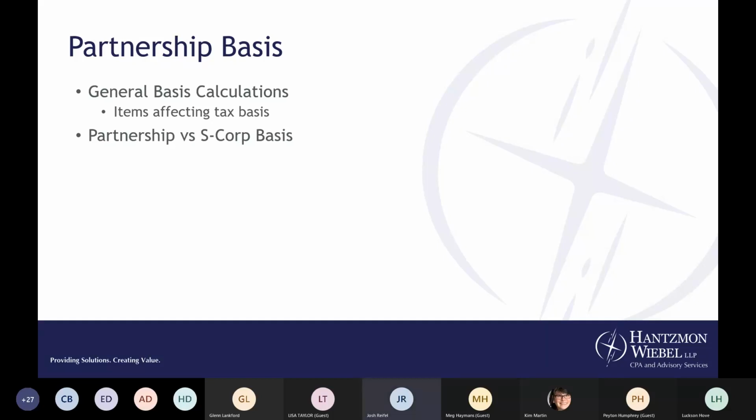Another difference between partnerships and S-corps is that in an S-corp, you can have multiple interests. Say you purchase 10 shares of an S-corp in year 1, and 3 years later you purchase another number of shares in that S-corporation. Your basis in those is going to be different, so if you sell one or the other, your gains and losses on that sale are going to be treated differently.